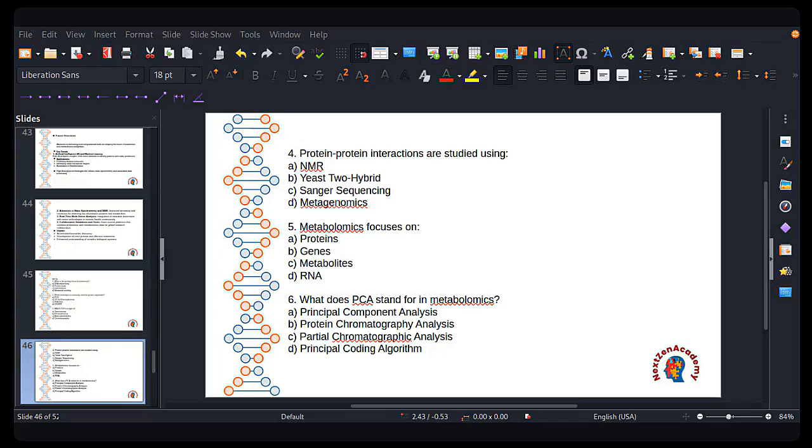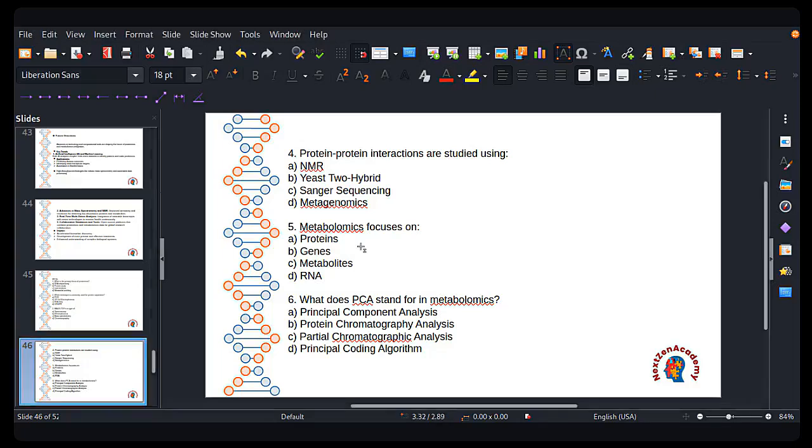Principal Component Analysis. Okay. Next question. PCA stands for Principal Component Analysis.